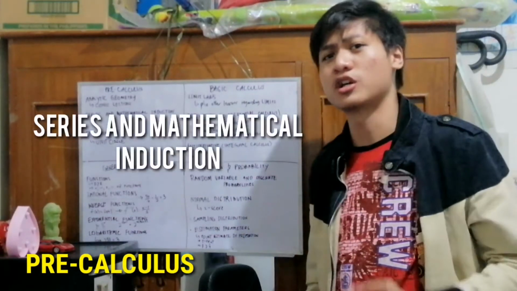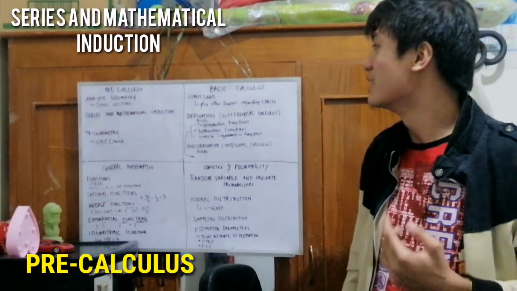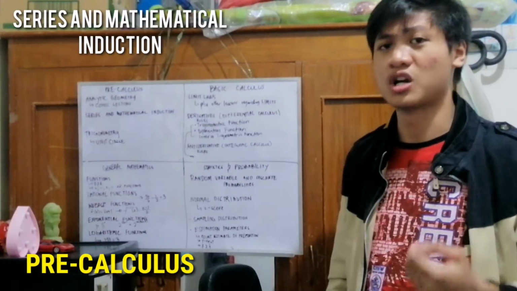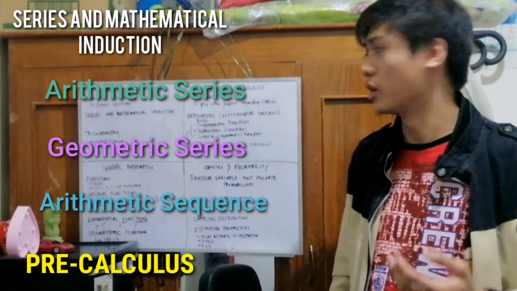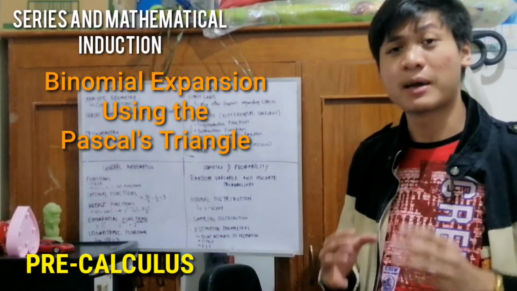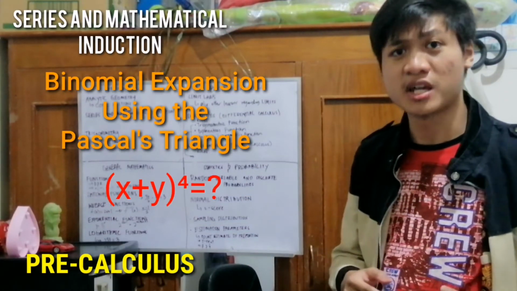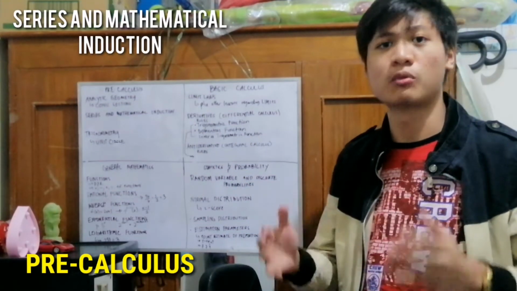Now for series and mathematical induction, we're going to tackle the lessons that you have actually learned in grade 10 and in grade 8 or in the past levels. Those are the arithmetic series, geometric series, arithmetic sequence, and more. We're also going to learn about the binomial expansion using Pascal's triangle, which we also learned during grade 10. It's just that here in grade 11, we make the lessons more complex.